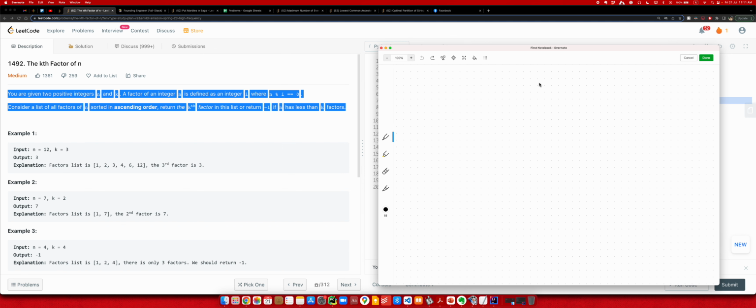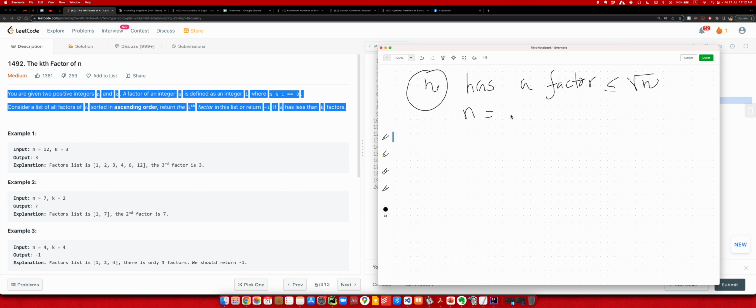Because we know that every integer n has a factor less than or equal to root n. Even for a prime, that factor is 1. How do we know this?